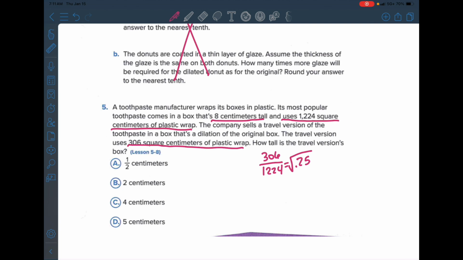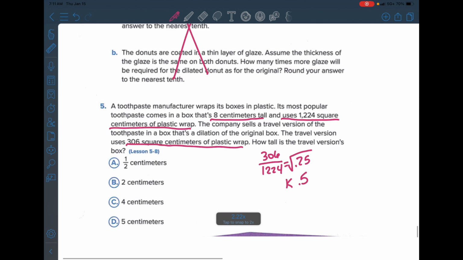So the square root, we go second x squared, 0.25, and we get 0.5. Okay, that is our scale factor. So if we multiply our original height, 8, by 0.5, that's like multiplying it by half, you get this. It makes sense because this is smaller than the original, and if you look here, the new one's smaller than the original, and our scale factor is less than 1.